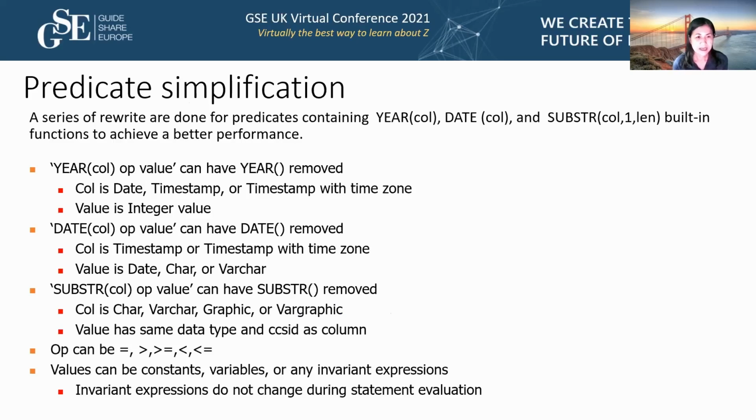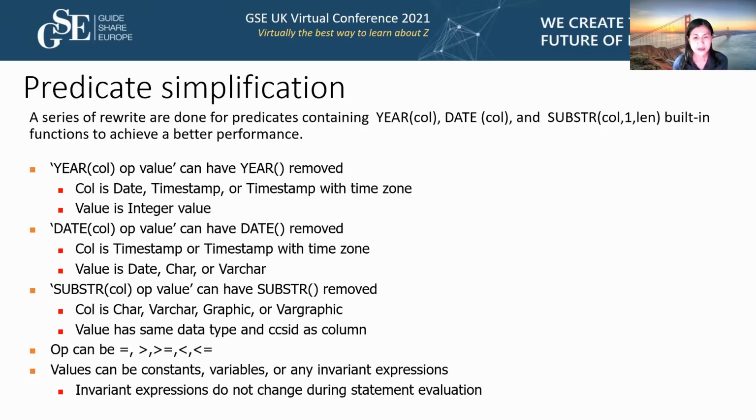The next topic is predicate simplification. Predicate simplification is a way that Db2 transforms a query that contains a predicate with the YEAR, DATE, and SUBSTR built-in functions.